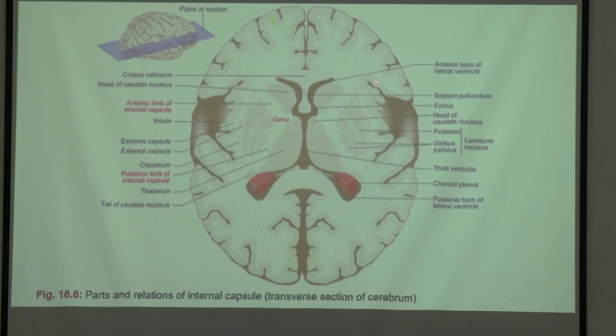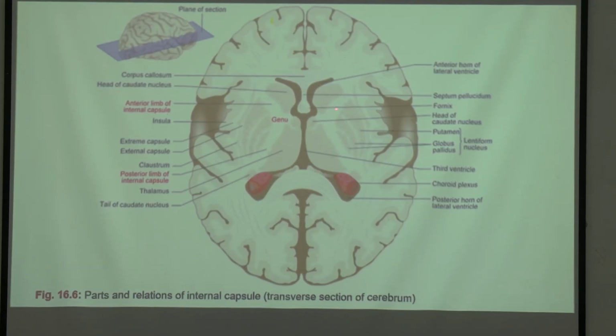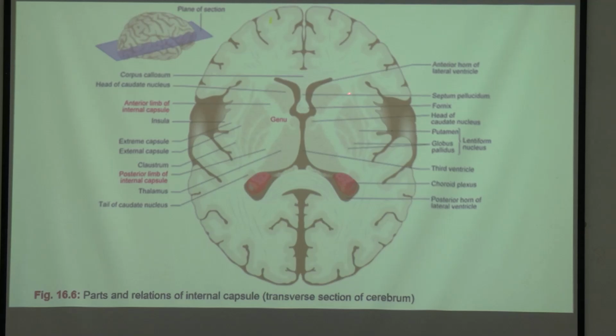In between, through this area, the fibers come down. This is the anterior limb of the internal capsule. This bend is called the genu, and this part is called the posterior limb. Behind, we will get other parts, which we will see in another figure, called the retrolentiform and sublentiform parts. As a whole, it looks like a boomerang.